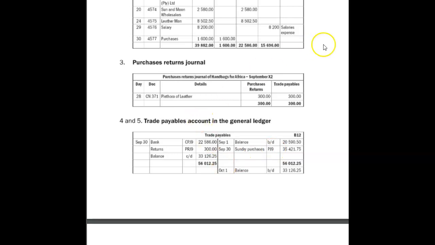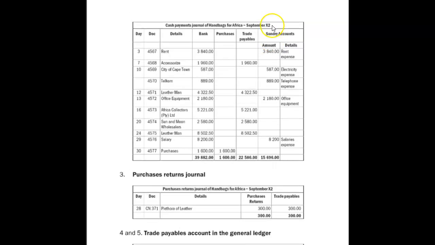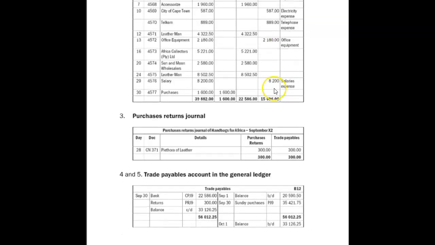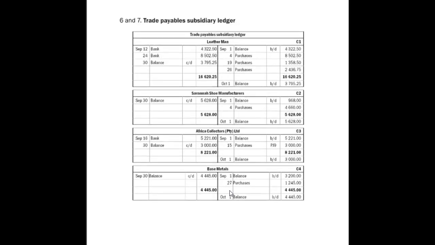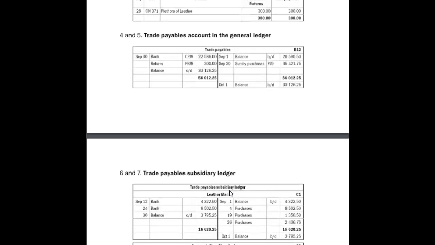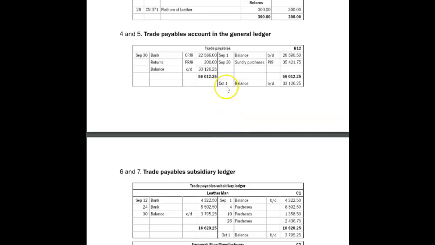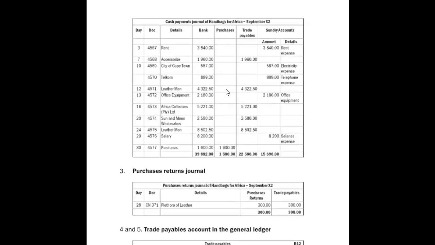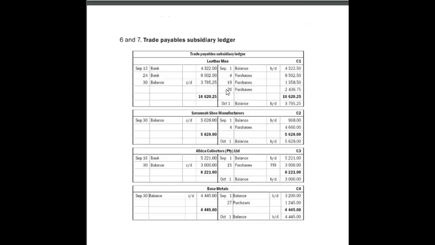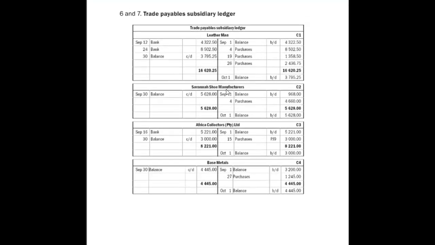But basically, you see all this trade payables account, the final figure will go into here. Now what's your trade payables subsidiary ledger? If you look at your trade payables account, I know I have a lot of people I owe money to. If I look at my creditors, people who I owe money to, there's a lot of people, but I want to split them all up into individual accounts.